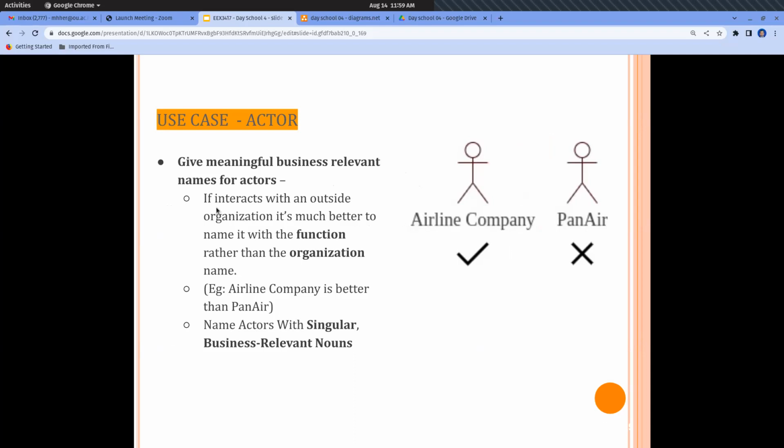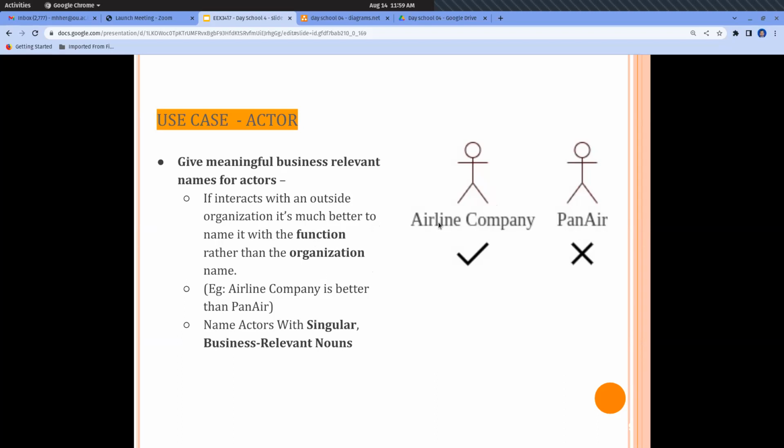If you interact with an outside organization, it is much better to name it with a function rather than the organization name. For example, one actor is an airline company.